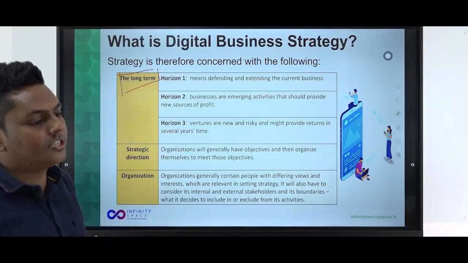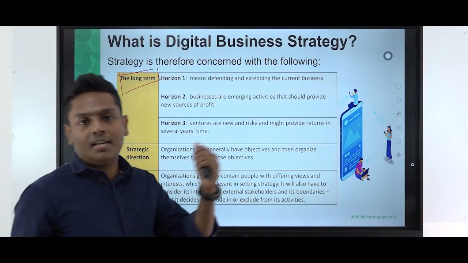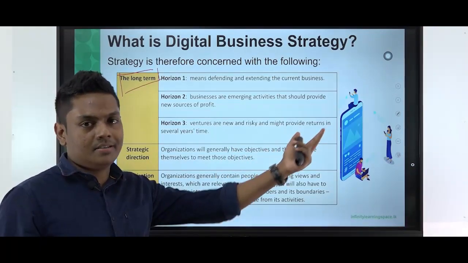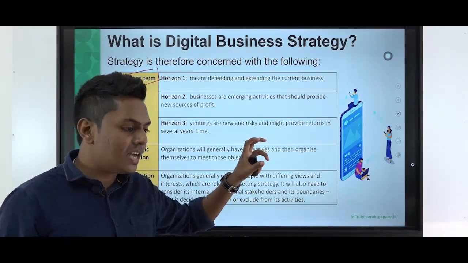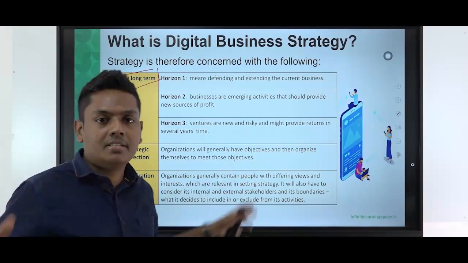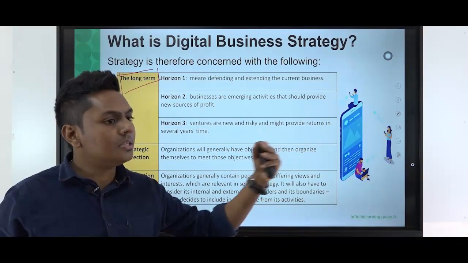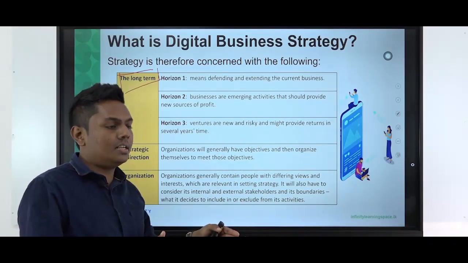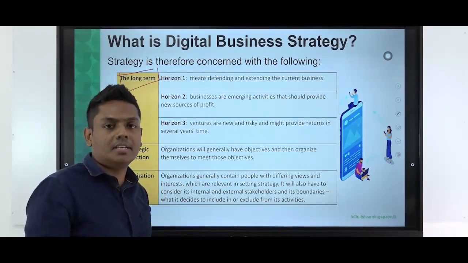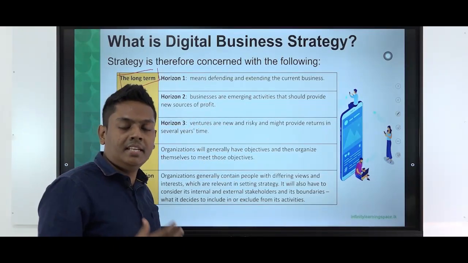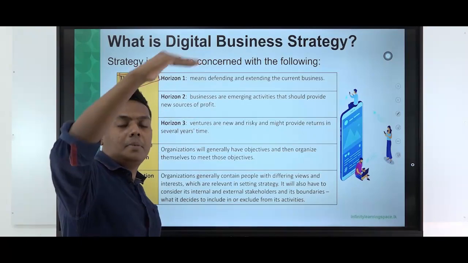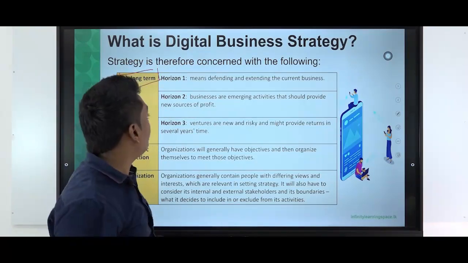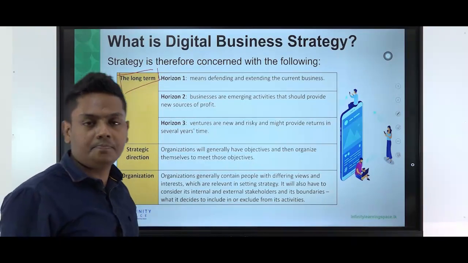Can we set a strategy for one day, tomorrow, next week, next month? No, because that is why the strategy itself has to be something long term, maybe more than a year, that has to be worked out initially, and there should be a proper objective of getting things done. That is the main reason why the top level of the organization is involved in setting the strategy.